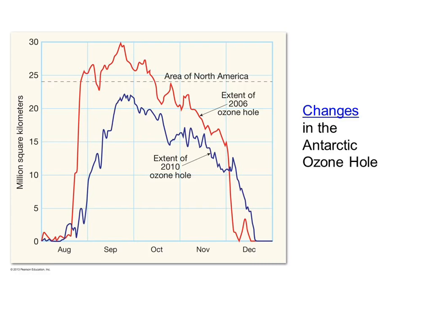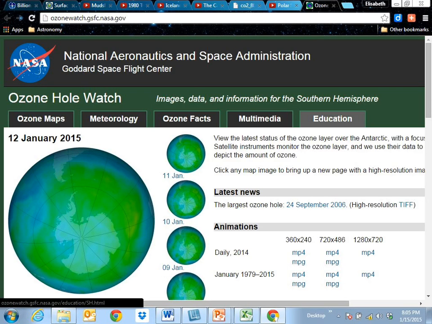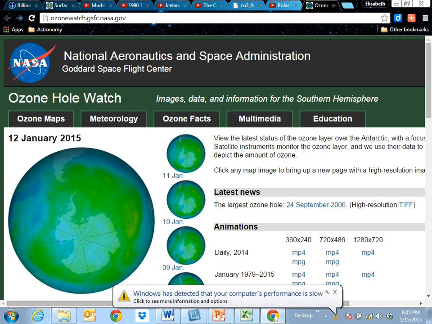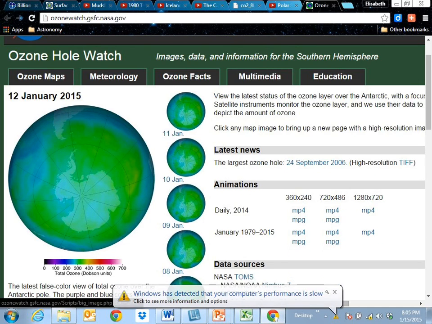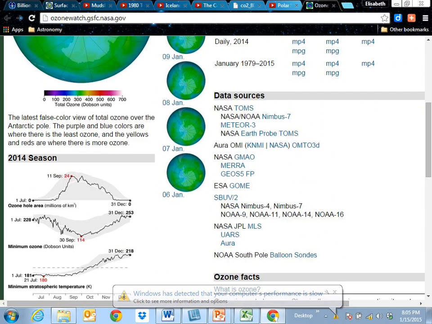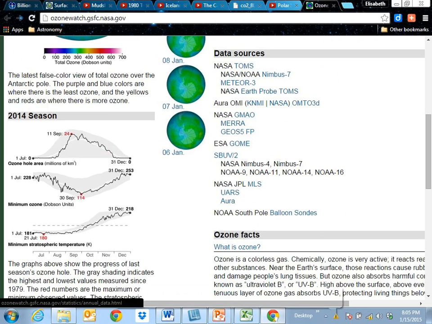Let's see if this is my real data. Okay, January 12th of 2015, that is the current ozone. And to me, what was interesting is where it says season for this year, 2014.